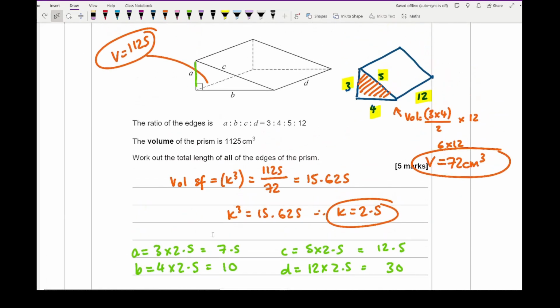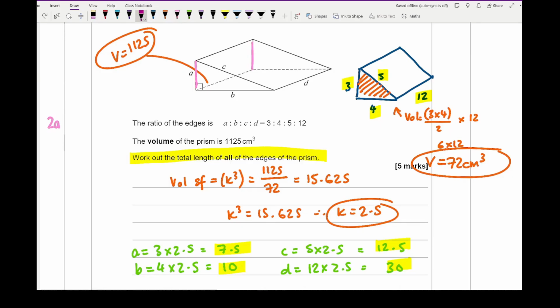Now from the diagram, all that's left for me to do is that the question specifies I need the total length of all the edges of the prism. So even though I know what A, B, C and D are, I've now got to plug that into this diagram to work out how much of each of those letters I've got. If I count the A's, I've got 2 of those, that's 2A.